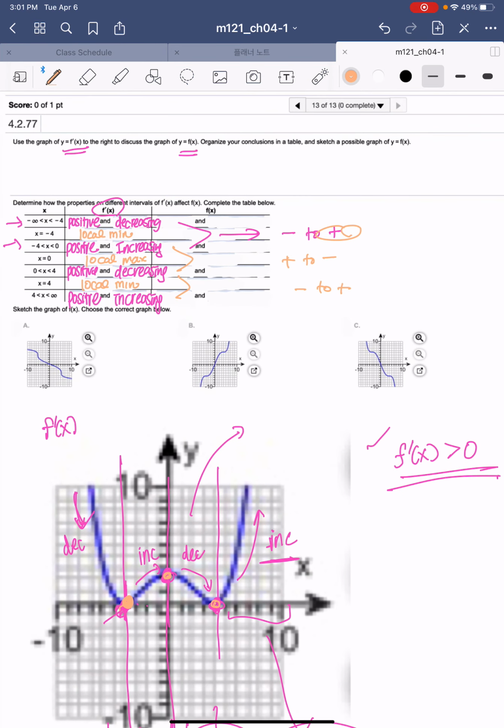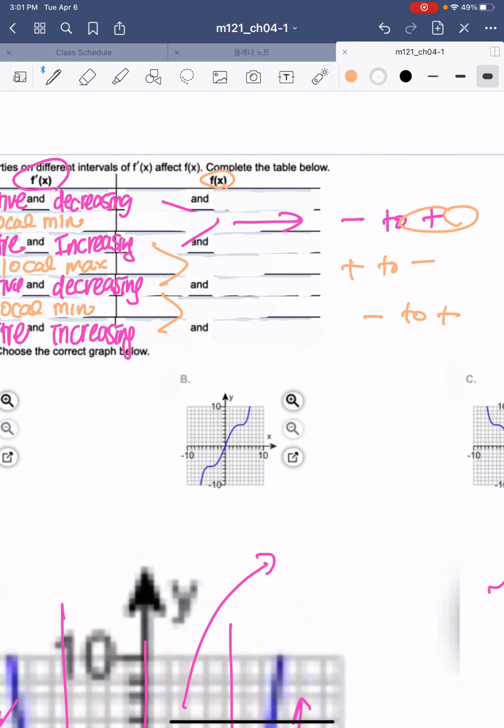Now let's look at f of x. So I'm going to be erasing to create more space here. Just erase a little bit.